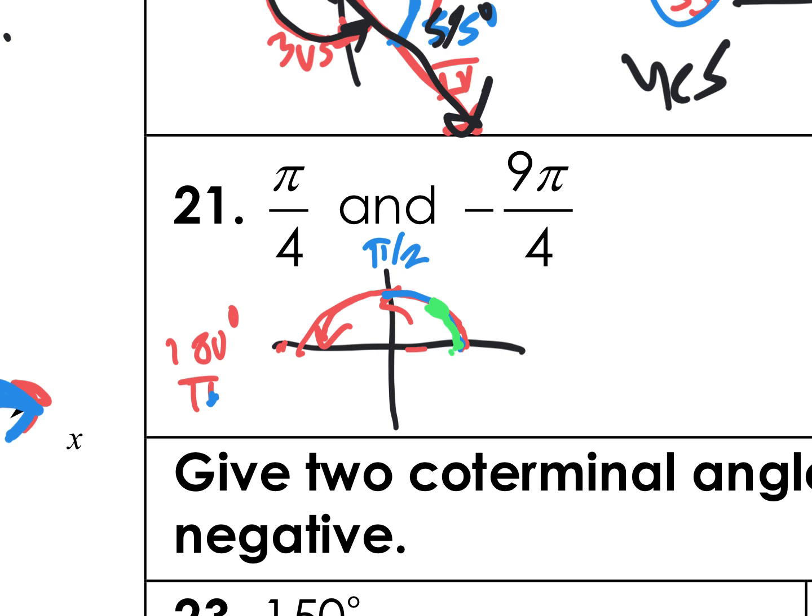Pi over 4 is 1/4 of the way to 180 degrees. This is pi over 4, which is the same as 45 degrees. So there's my one angle.